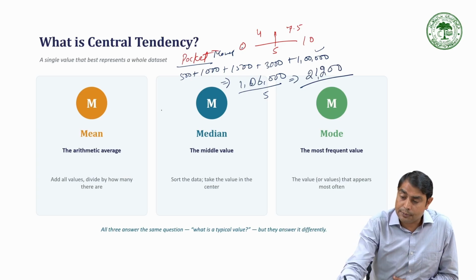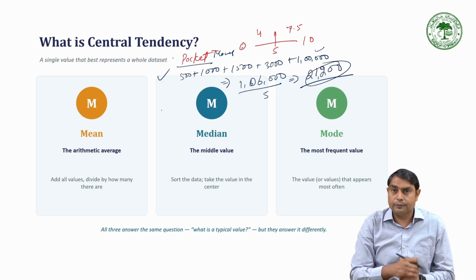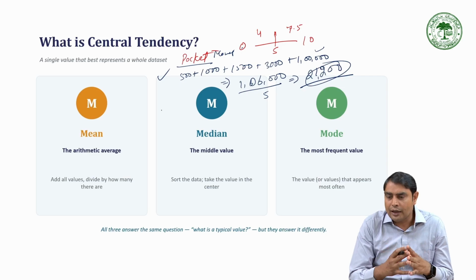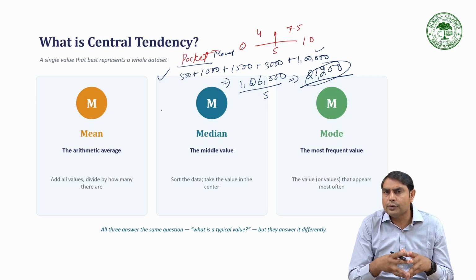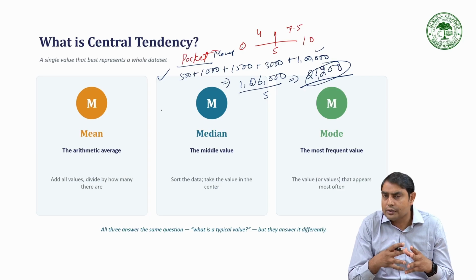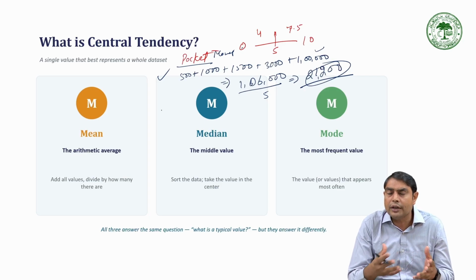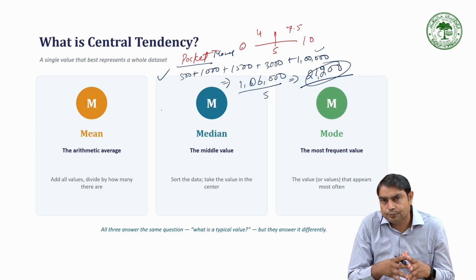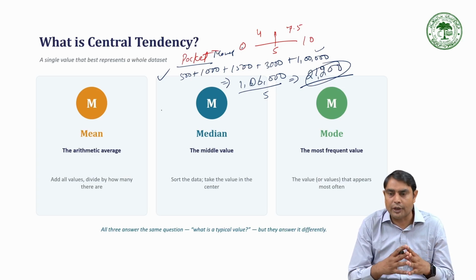So is it a representation of all this population, all this data which is given to you? If I say that the average pocket money of a student in this class is 21,200, and accordingly you offer them any product, because on average a student can spend 21,200. Is it a reality? It's far from reality.